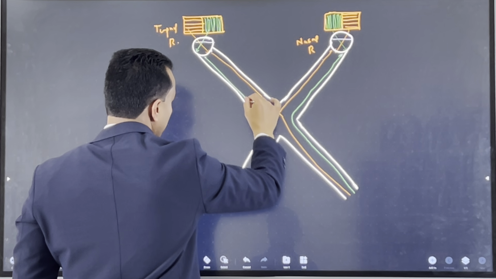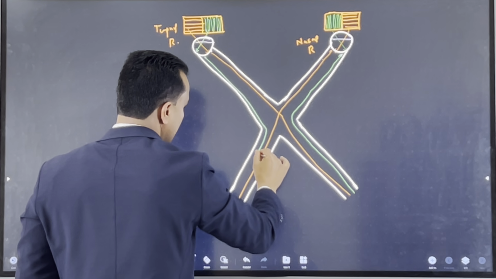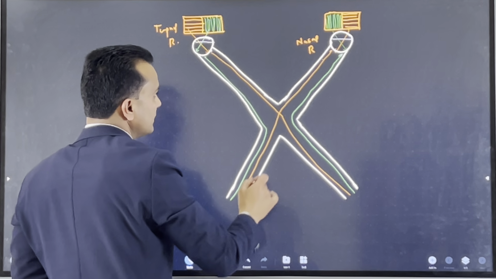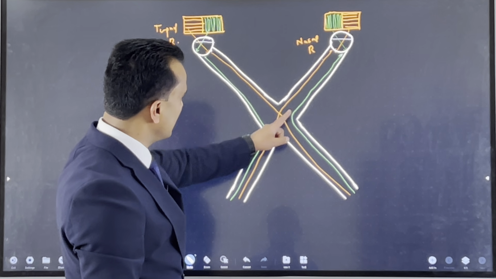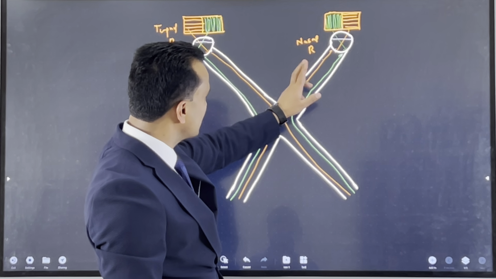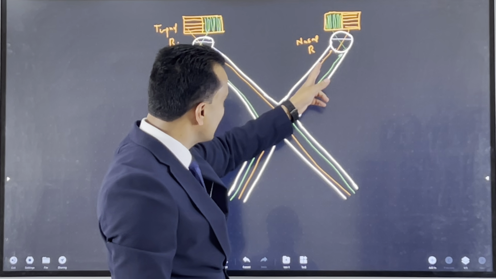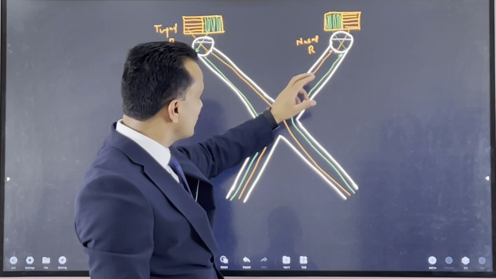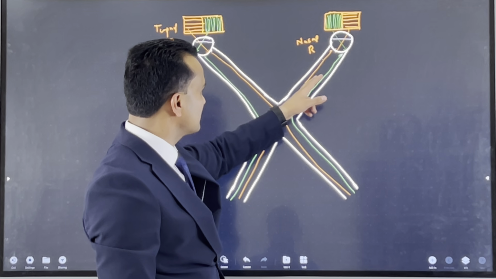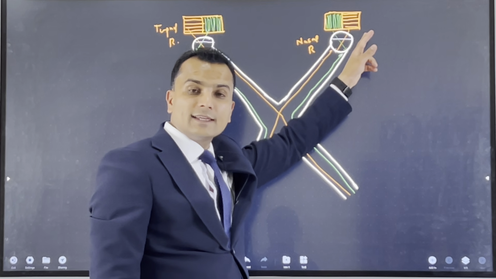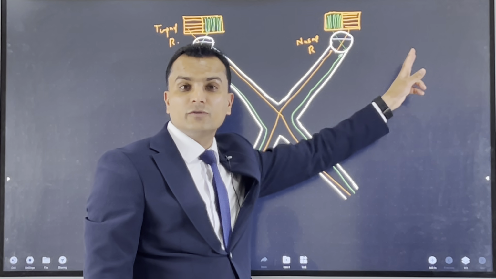So it means that only the medial side fibers, or only the fibers of the nasal retina, are going to cross at the optic chiasma. We understand that the neurons of the nasal retina are carrying the light of the temporal visual field area.